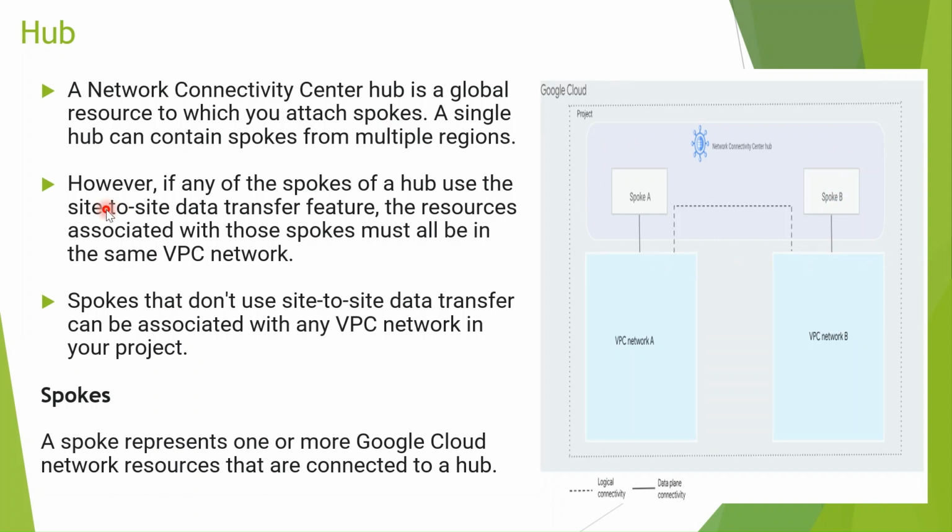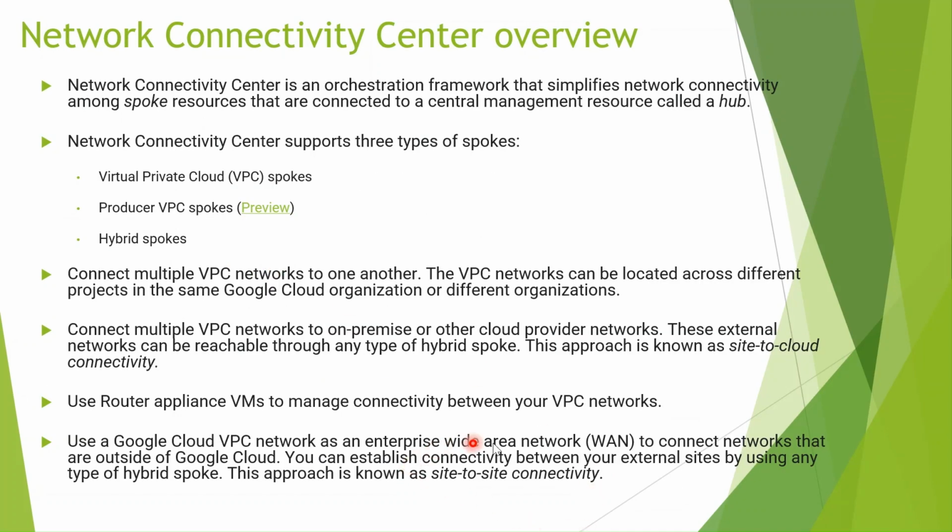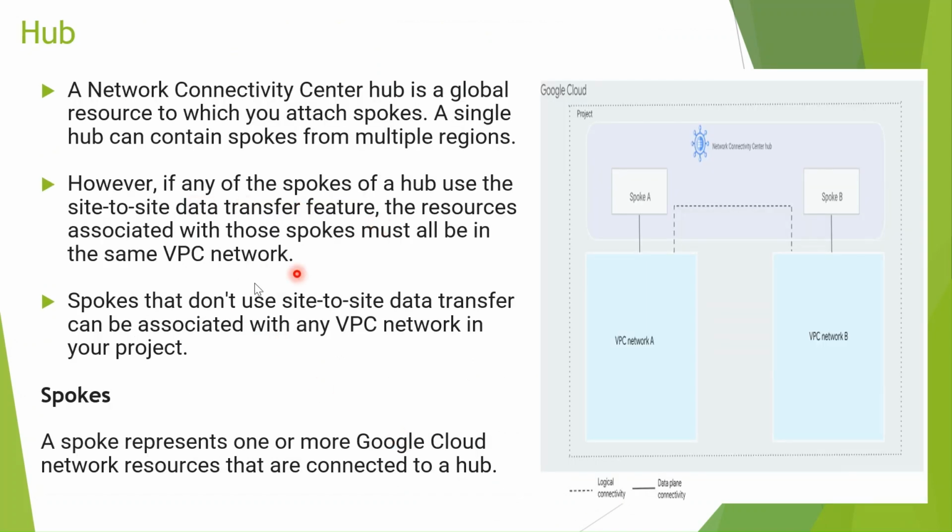We have to take care of one thing: if any of the spokes of a hub uses the site-to-site data transfer feature, which is a different term, basically we can use this with site-to-site connectivity, then the resources associated with the spoke must all be in the same VPC network. So just take care of this point. And spokes that don't use site-to-site data transfer can be associated with any VPC network in your project.